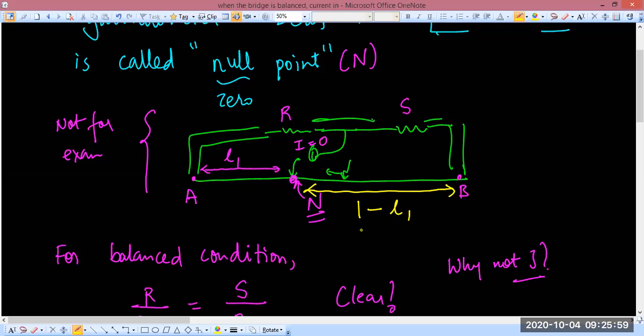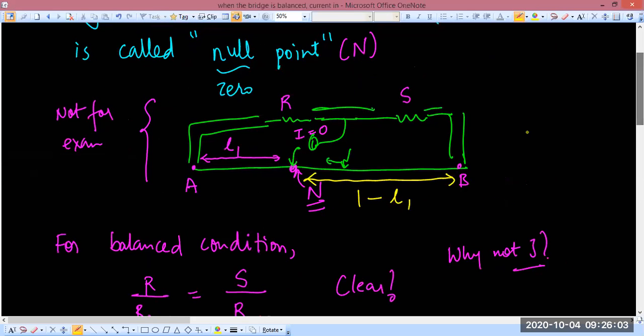Clear? You can write just L also, I wrote L1, it's fine. Suppose this is L. L or L1 doesn't matter, right? Why is it 1 minus L? Where does this come from? Why is it 1 minus L? Hurry up, come on.